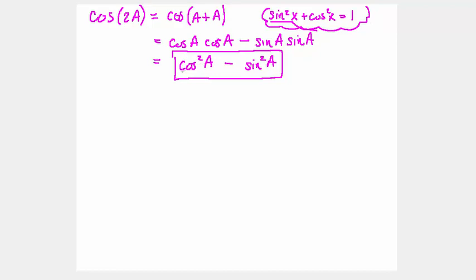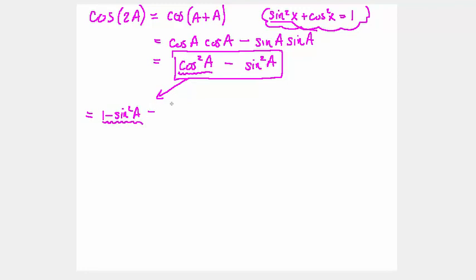So I'm going to replace this cosine squared in our current identity with that very expression, which would give me the following. Let me split this off here. I could say this is also equivalent to cosine squared of a being 1 minus sine squared of a. That would be replacing this cosine squared of a.